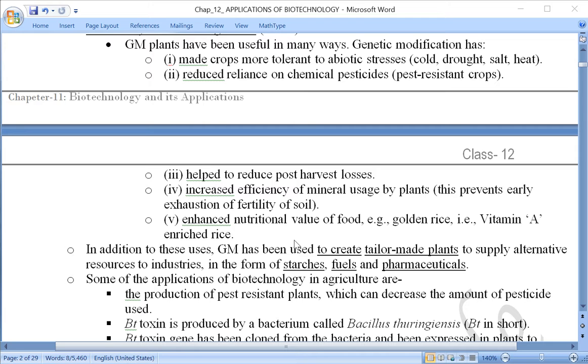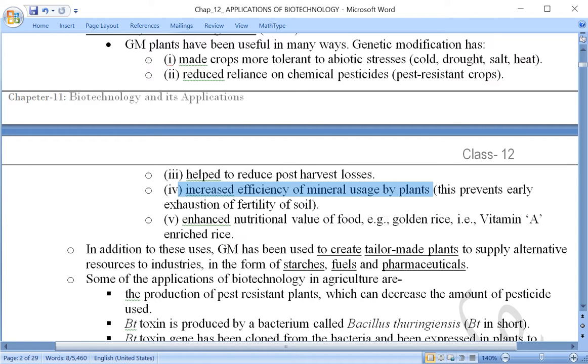That was the last chapter in your 11th class, and then mineral nutrition also we have discussed. Now the fourth point, increased efficiency of mineral usage by plants, means whatever minerals are available in the soil, the plants are able to absorb it and then use it in the synthesis of some or the other biomolecule.